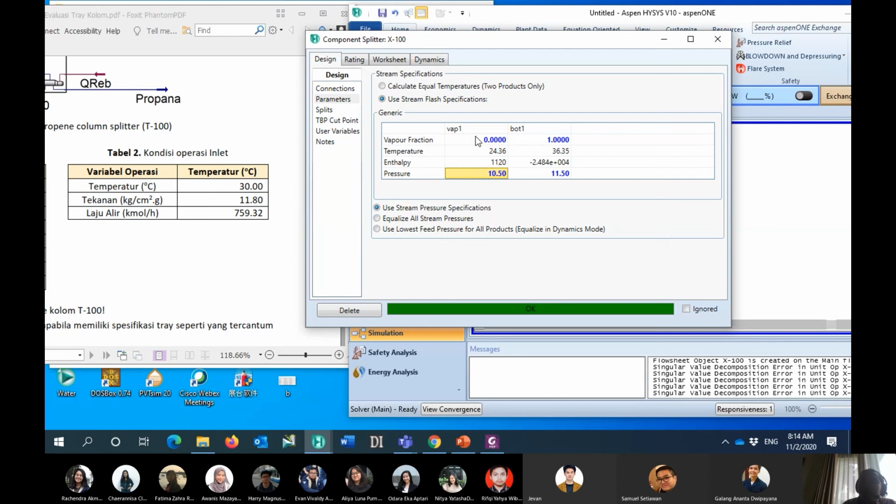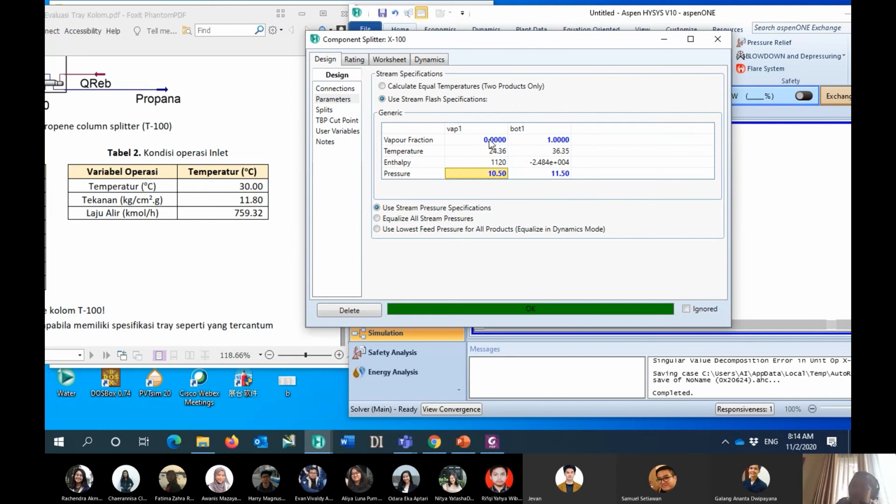Sometimes if I set the vapor fraction to 0, it means that I will use a total condenser. Sometimes the temperature in here is too low. Why? Probably because of the presence of hydrogen or nitrogen, which counts as non-condensable gas. In that case I cannot force the vapor fraction of 0.